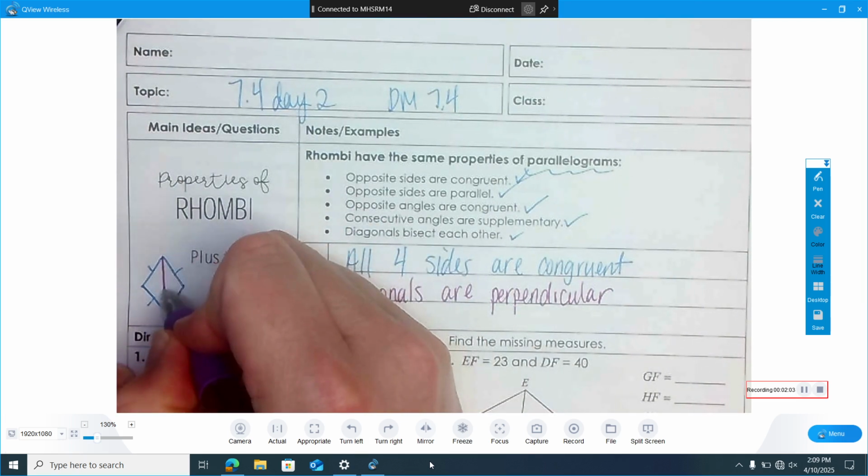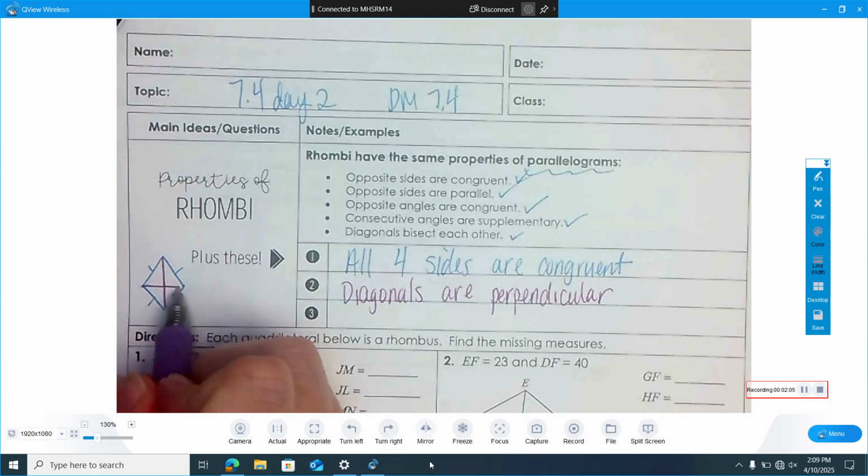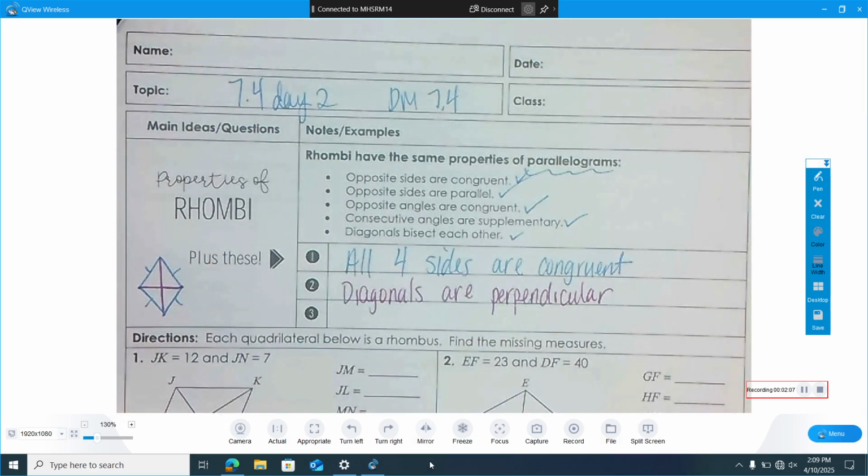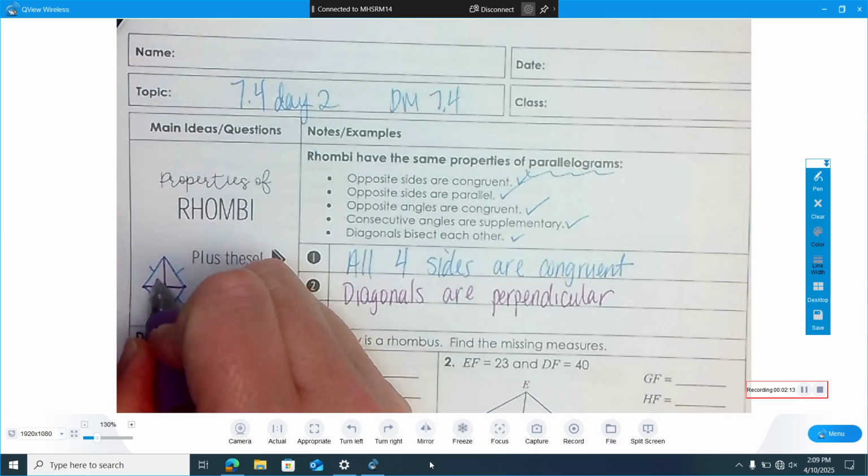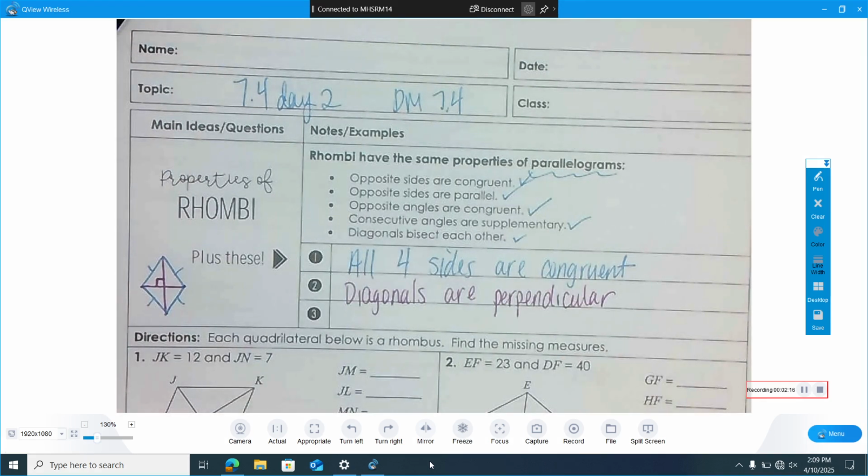So if I were to draw in diagonals, what else should I add to my picture here? 90-degree angles. Those diagonals intersect and form four 90-degree angles.